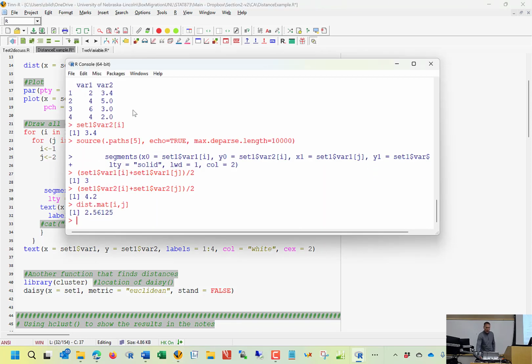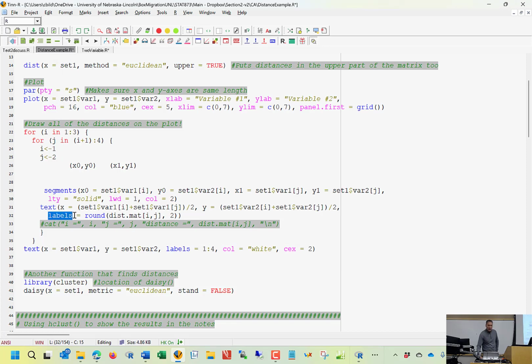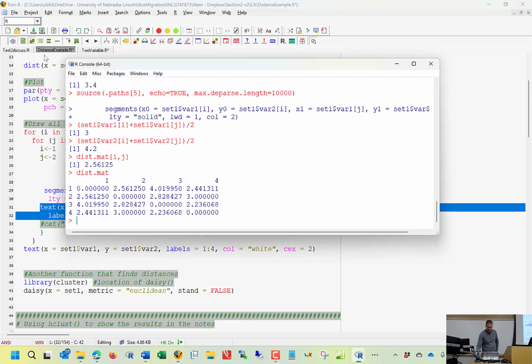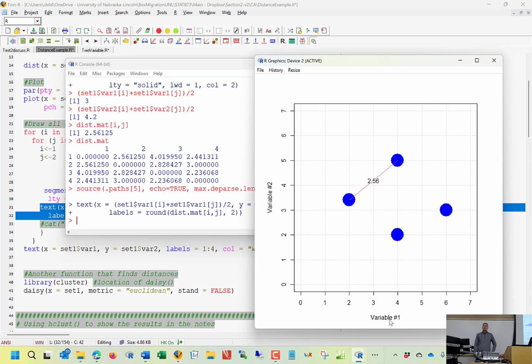I get row 1, column 2, which is the actual distance. I put that as my labels argument for the text function, and I round it to 2 decimal places so that it just looks nice. And so when I draw that out, there we go.